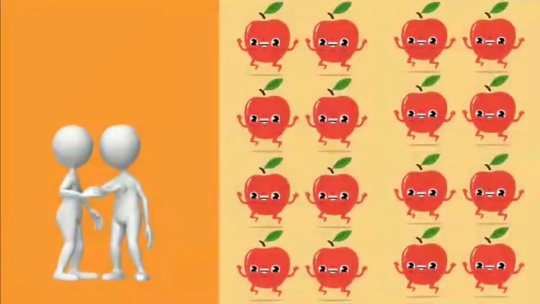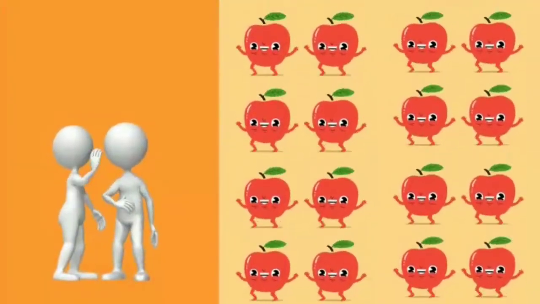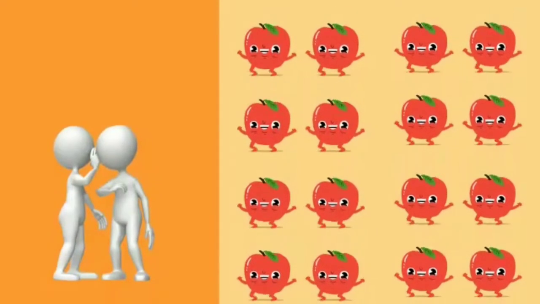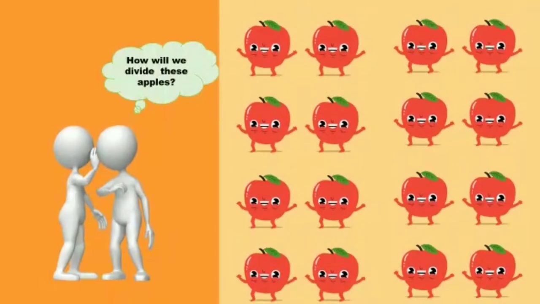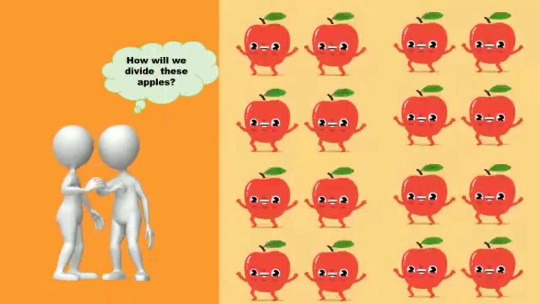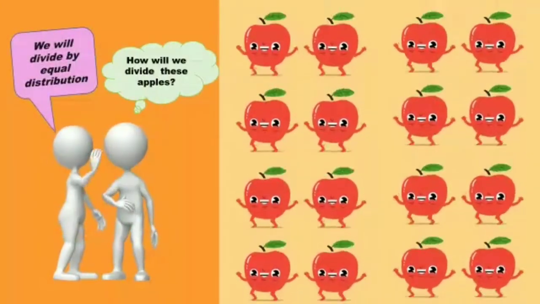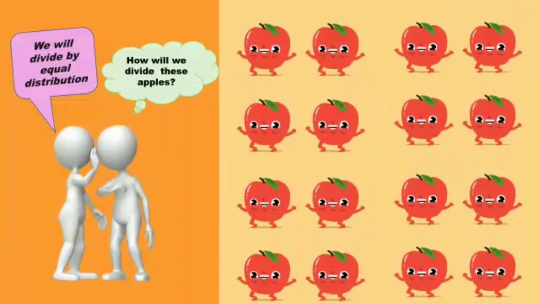To understand the topic of division, let's listen to a short story. Once two friends decided to go to the apple garden to collect some apples. Then one friend got confused. He thought, how will we divide these apples? Then the other friend suggested, we will divide them by equal distribution.